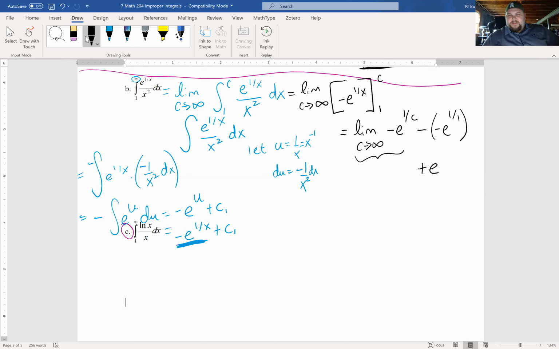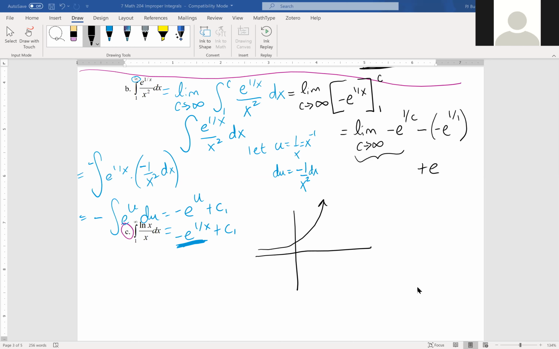So that is an exponential. So what does that look like? So a normal exponential would look like this, right? So what do we think that one would look like?